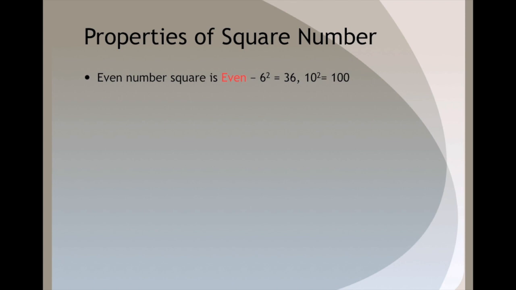So 24 into 24, what we are doing, 4 into 4 multiplies first. So whatever is the answer of 4 into 4 will be the last digit, which will decide whether it's an even number or odd number. So any even number you take between 0 to 9, the multiplication of the number with itself will be an even number.